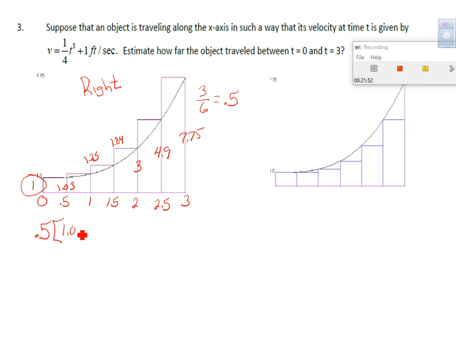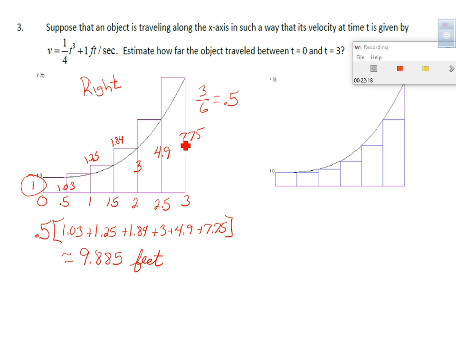So I need 1.03 plus 1.25 plus 1.84 plus 3 plus 4.9 plus 7.75. Now if we run all that through, you should get about 9.885, and in this case, feet. The object has traveled approximately 9.885 feet.